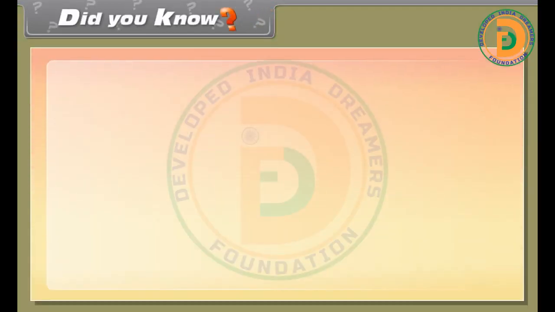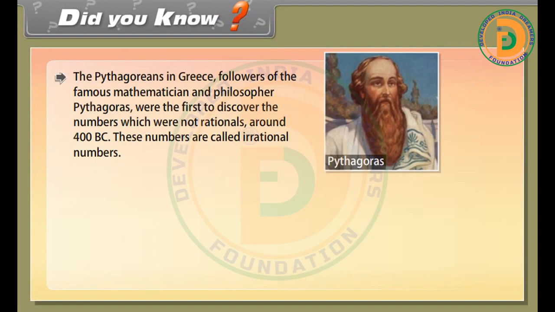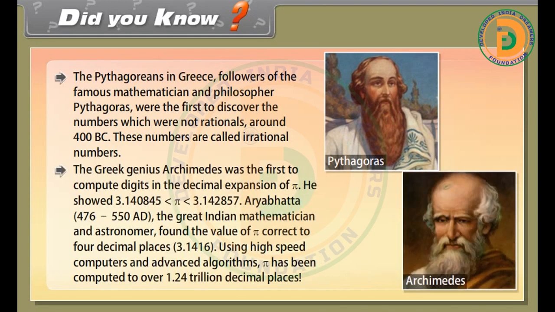Did you know? The Pythagoreans in Greece, followers of the famous mathematician and philosopher Pythagoras, were the first to discover the numbers which were not rationals around 400 BC. These numbers are called irrational numbers. The Greek genius Archimedes was the first to compute digits in the decimal expansion of pi.